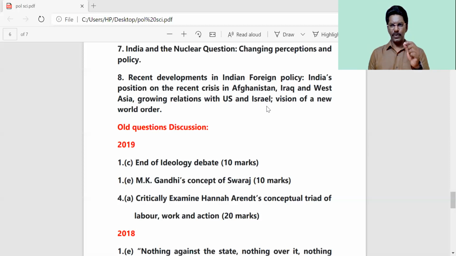So immediately, if you are following my strategy, the year-based classification, before the examination you need to do these things. So what is the logic of asking this question, end of ideology debate? Then I can easily say that Daniel Bell is the one who introduced this idea of end of ideology inside his collection of essays by the name The End of Ideology, which also converted into the end of ideology debate.